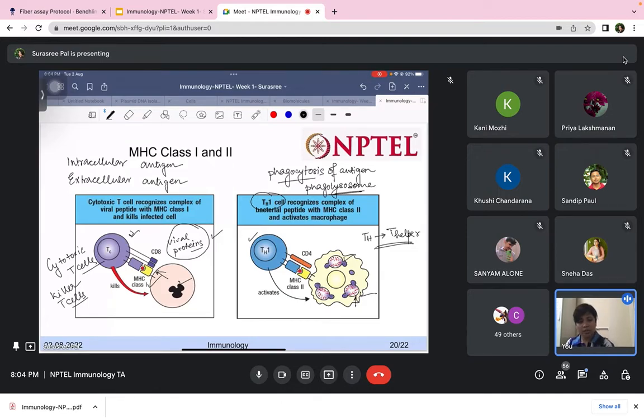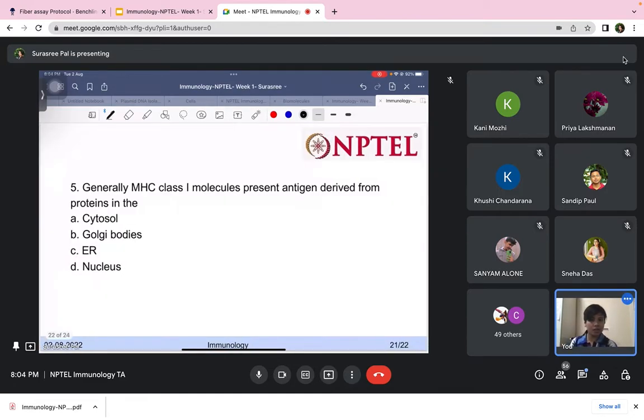And when these viral proteins are produced, they are chopped up and accompanied with MHC class 1 molecules, and they are presented on the surface. So MHC class 1 molecules present the antigens derived from the proteins in the cytosol, because the viral proteins are being produced.